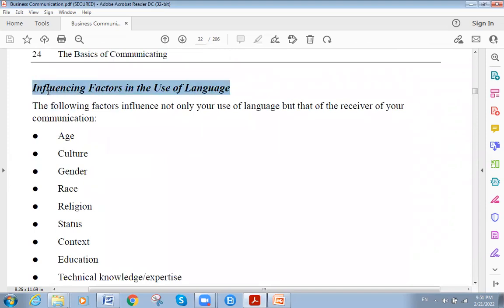There are some factors that affect how you will use the language.